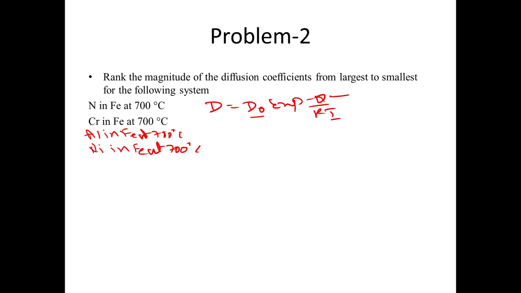So the diffusion coefficient value can be determined on the basis of activation energy. As we know, on the basis of atomic radius, we can say which one has the highest activation energy and which one has the lowest activation energy.